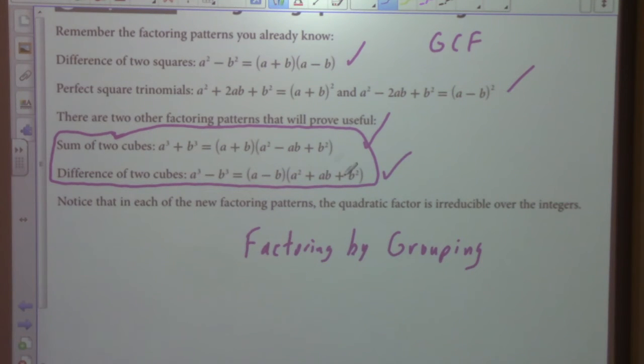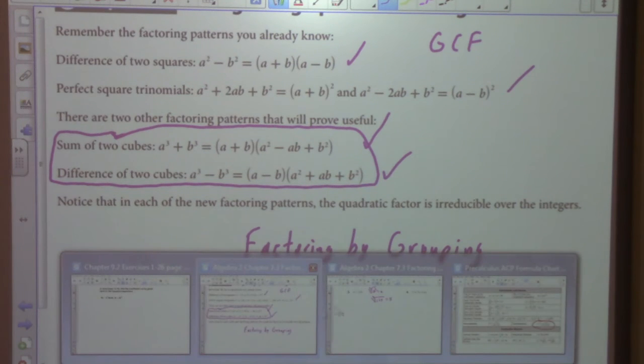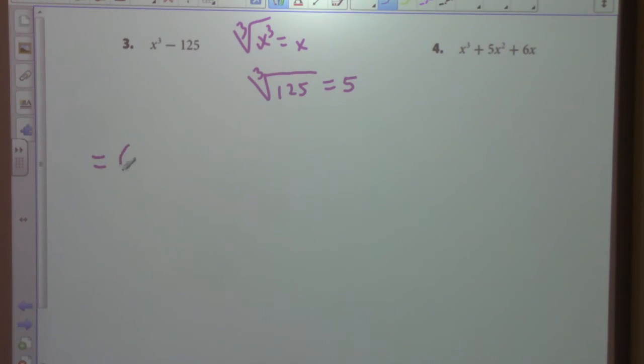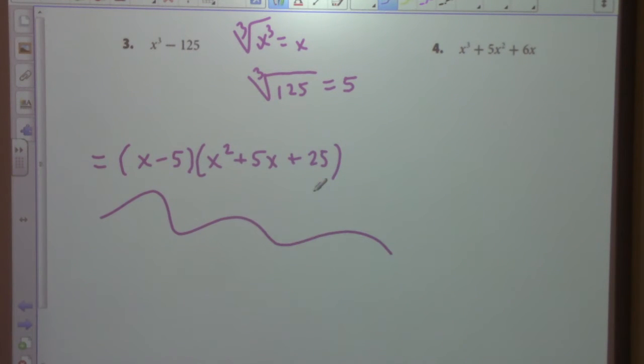In parentheses, something minus something. What are those somethings here? X and 5. So x minus 5. And then x squared plus x times 5 plus 5 squared. Doing great. Okay, so that's it.